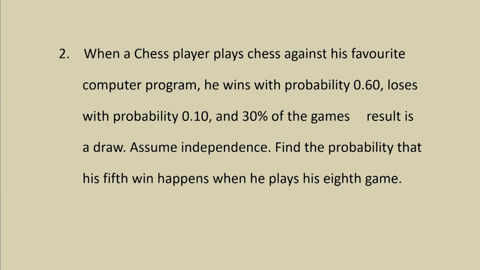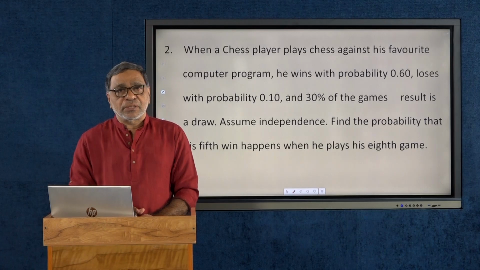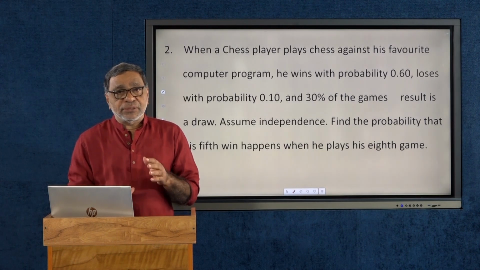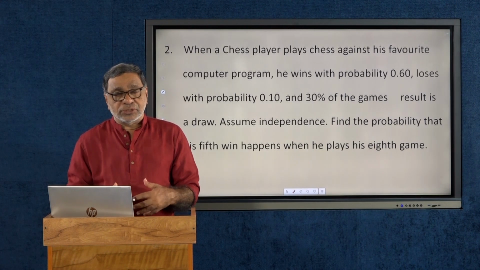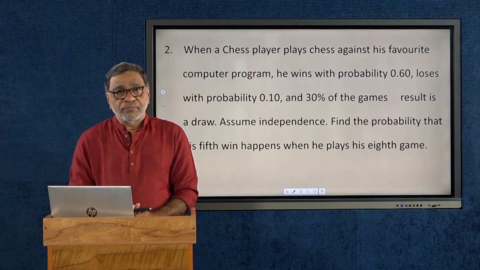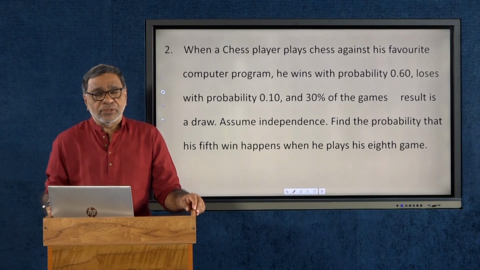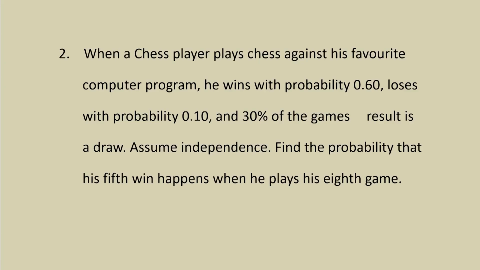That is, the result becomes a draw in 30% of cases. So if this is the practical situation we have, and assume independence of trials of the game, find the probability that his fifth win happens when he plays his eighth game.